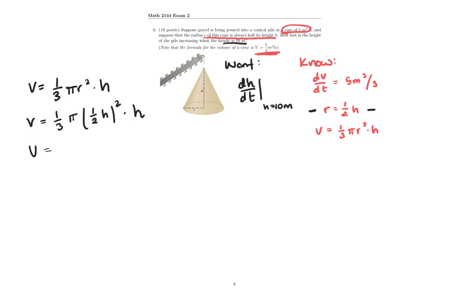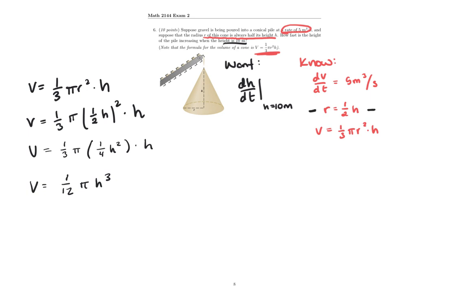So I get volume is equal to 1/3 pi times 1/4 h squared, I squared both of those terms, times h. Now, simplifying, the volume is equal to 1/12 pi h cubed. So now I have a formula where I input h, and I get an output volume.